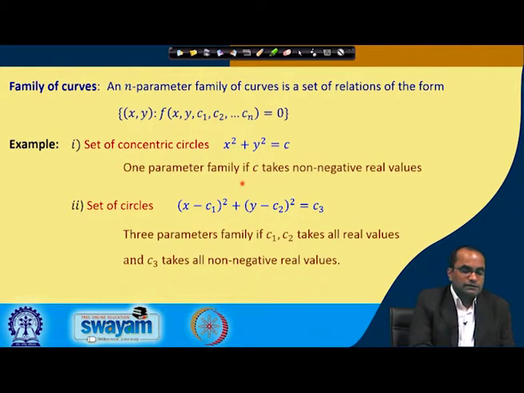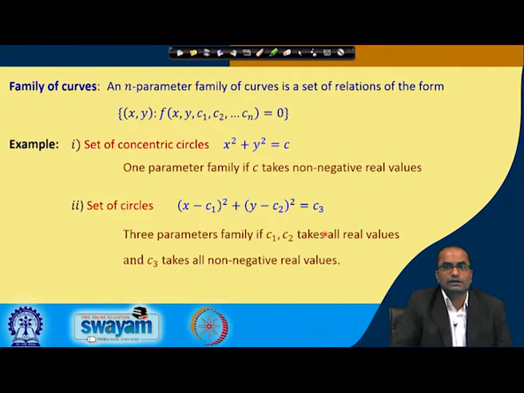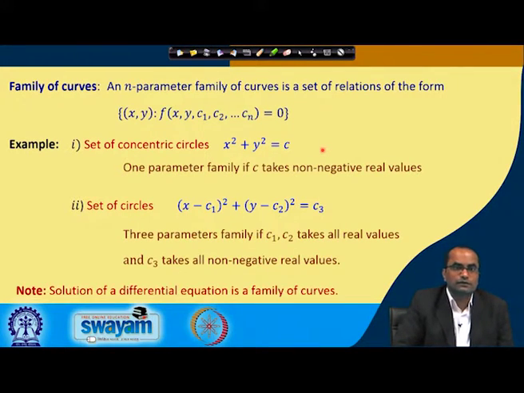So, this is a family with 3 parameters C1, C2, C3, while the earlier one was a family of one parameter, because only the radius was varying. Here we have different centers and different radii, so this is the 3 parameter family of circles.